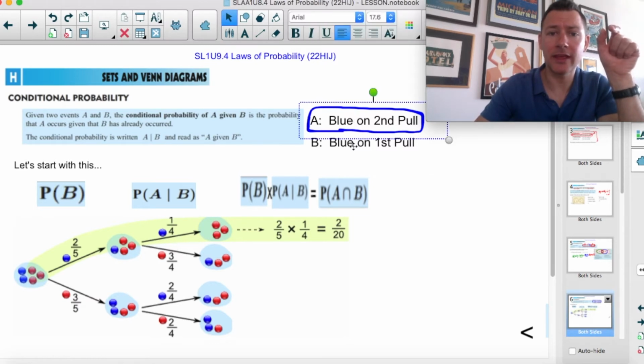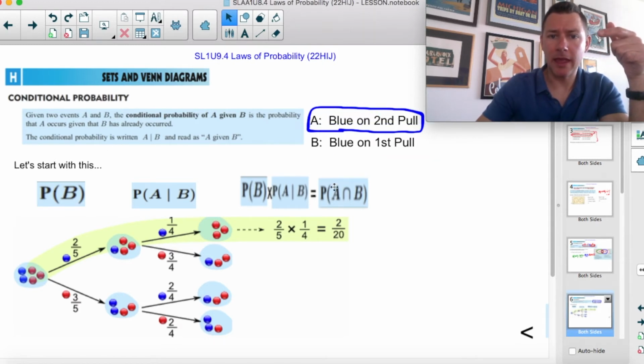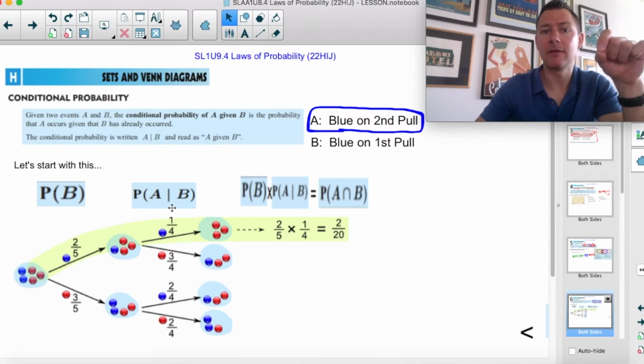A is blue on the second, B is blue on the first. I want blue and blue, the A and B intersection. First I need blue to happen, and then I need to multiply by the probability that A happens given that blue happens, because we changed the probability a little bit.